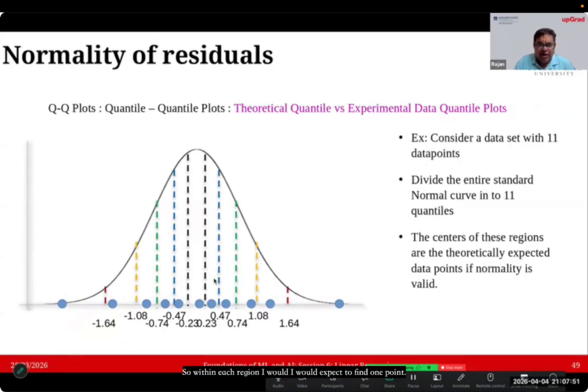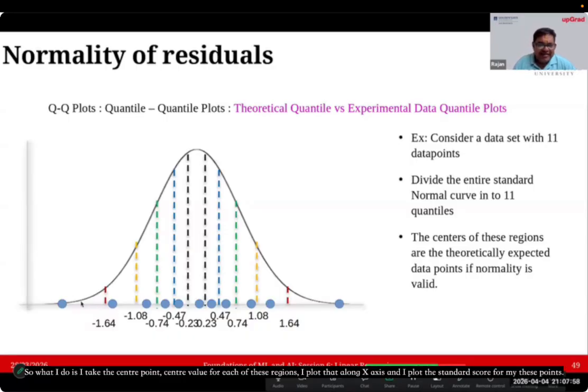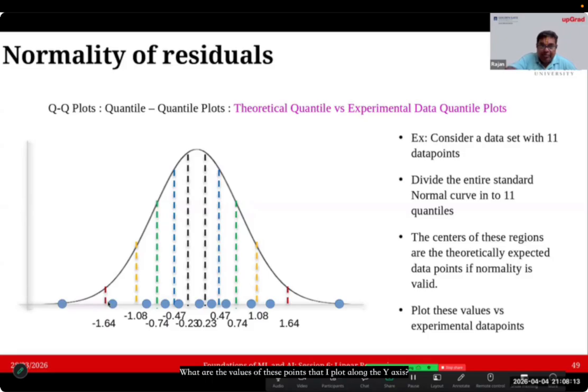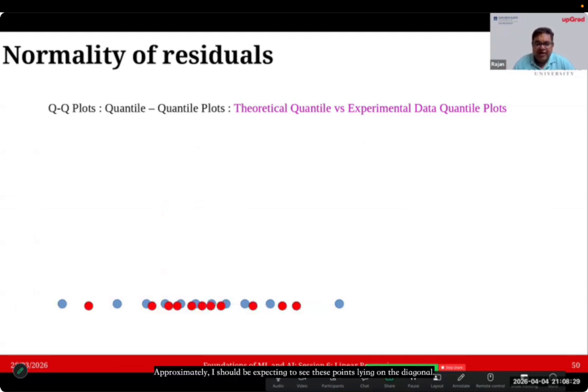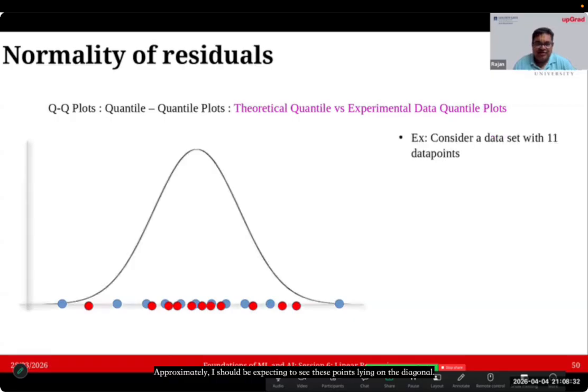Within each region, I would expect to find 1 point. So what I do is take the center value for each of these regions and plot that along the x-axis, and I plot the standard score for these points along the y-axis. If the data is normally distributed, I should see these data points lying approximately on a diagonal.